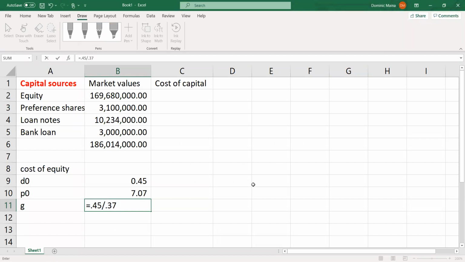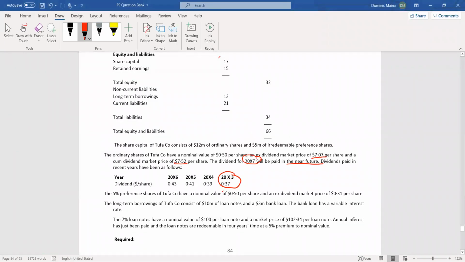But this growth has been experienced over how many years? From 2013 to 2017, that's 4 years: 1 year, 2 years, 3 years, and of course you have 2017, to give us 4 years.